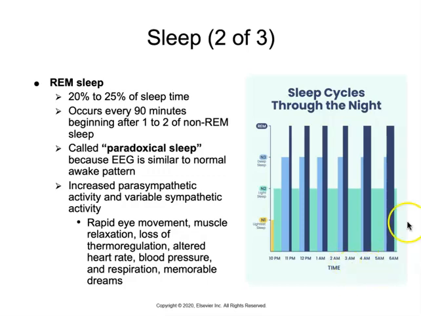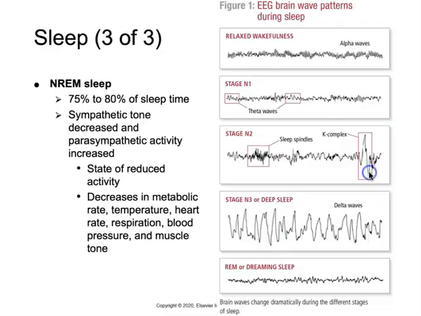And notice in this figure that as our night progresses, we're going to start to see that REM sleep periods will get longer and longer. And this cycle plays an important role in our rest of our body. And as we said before, our memory consolidation.